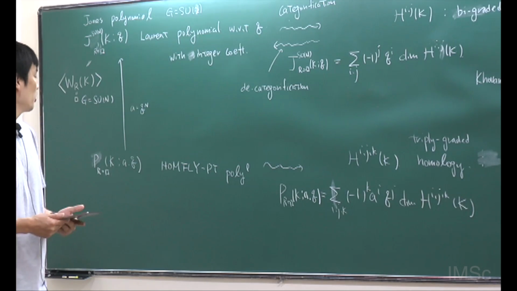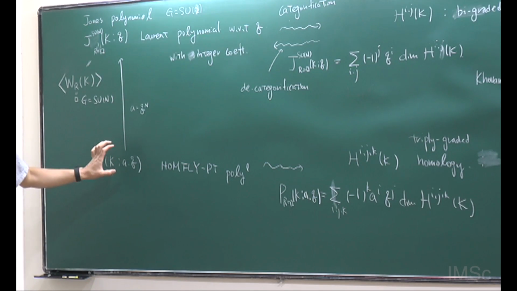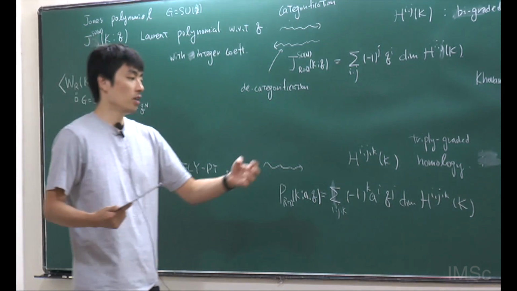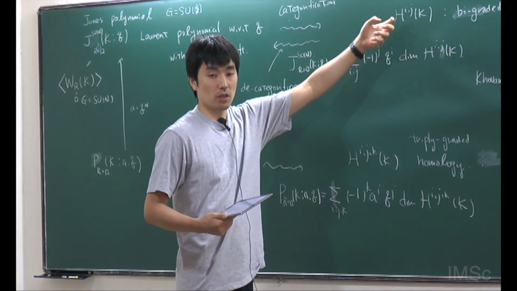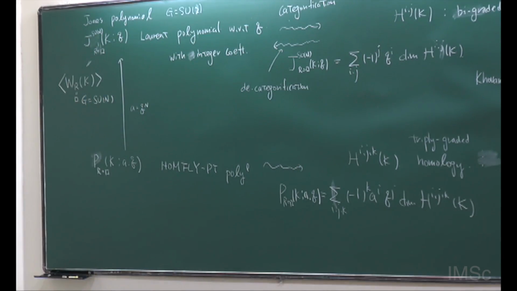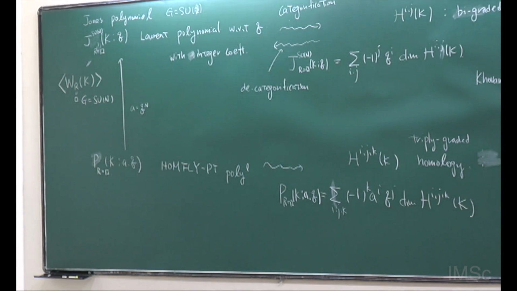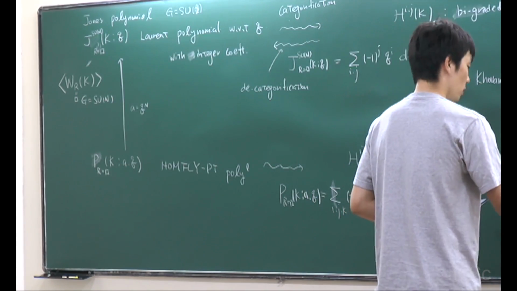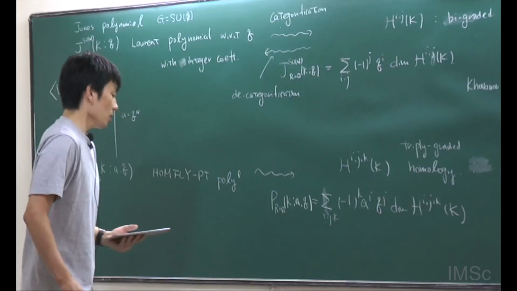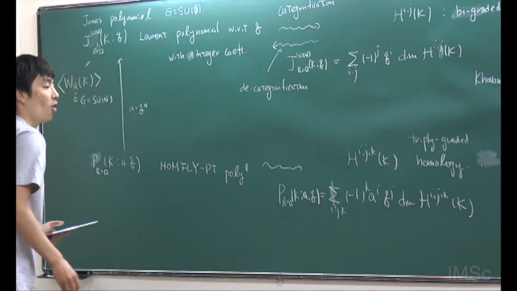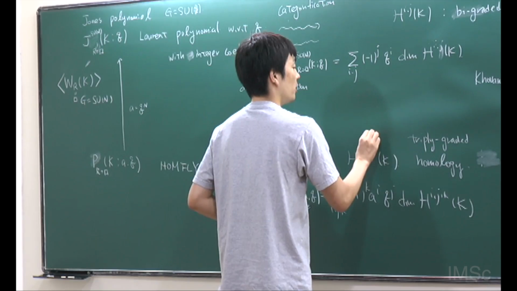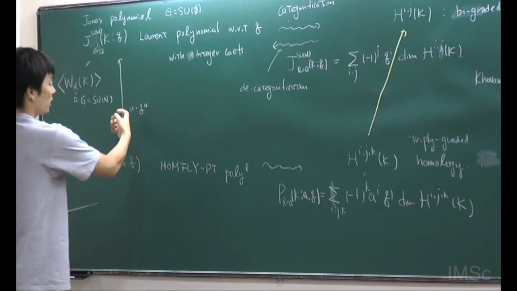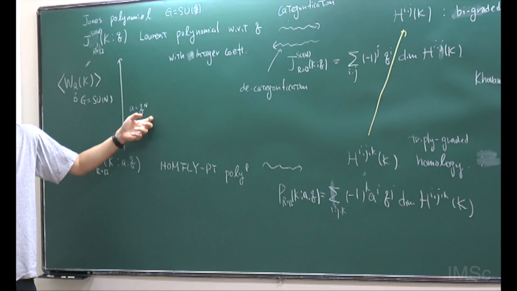You don't need the information about the quantum invariant. Just given a knot, there is a procedure to construct this triply graded or bigraded homology, and that's what I'm going to explain, using matrix factorization. There is a procedure to go from the triply graded one to the doubly graded one. At the quantum level you just substitute A equal to q^N.